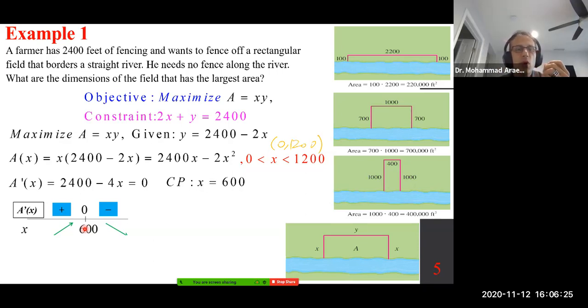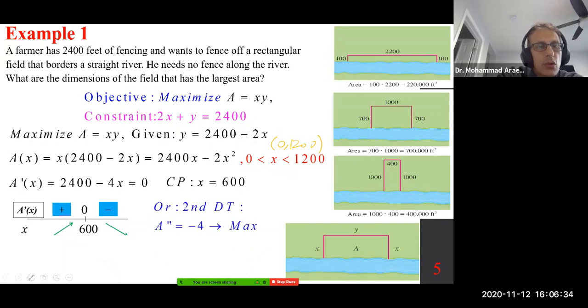But I hope you see why the second derivative test is easier. If you take the second derivative, you simply get -4. So what is the meaning of that when you get -4, class? Okay, -4 means concave down, looking like this.